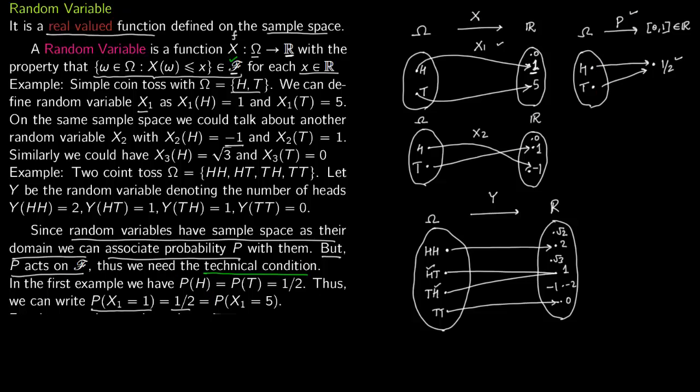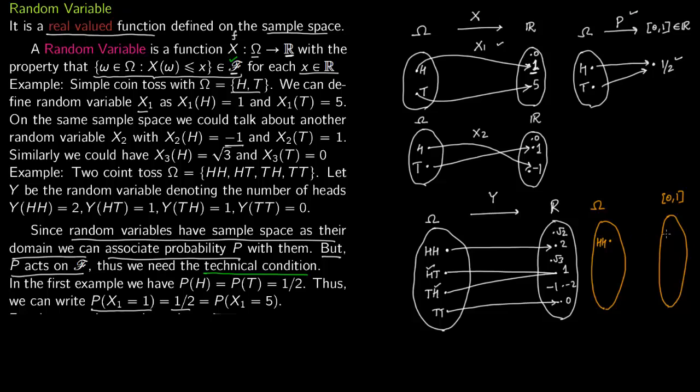For the second example, you have the same thing. With random variable y, you have to associate a probability function. So probability will also act on omega and will take you to the interval 0 to 1. First look at head-head. What is the probability of head-head?